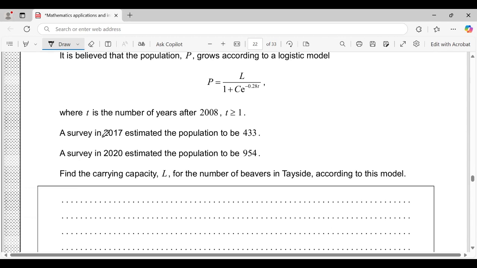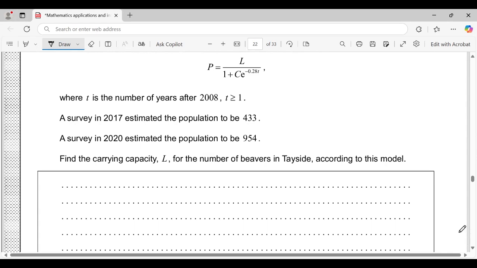A survey in 2017 estimated the population to be 430. A survey in 2020 estimated the population to be 954. Find the carrying capacity L for the number of beavers in the site according to this model.